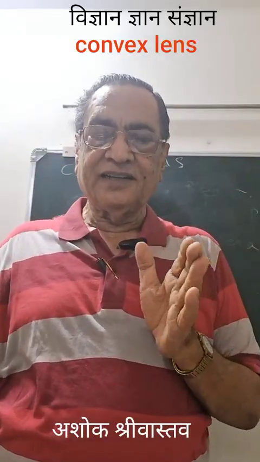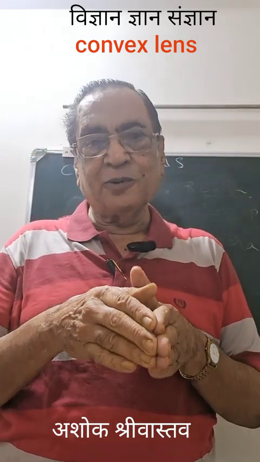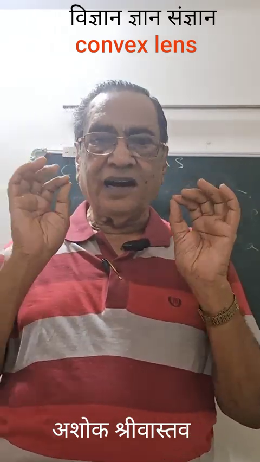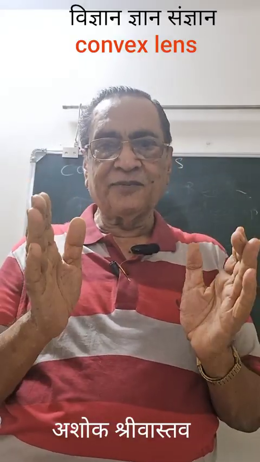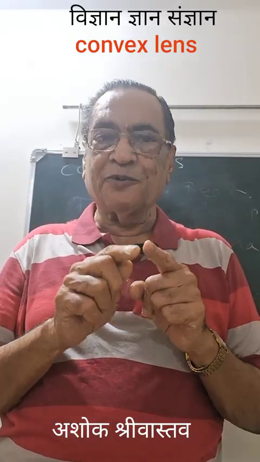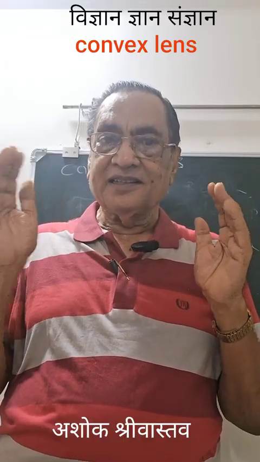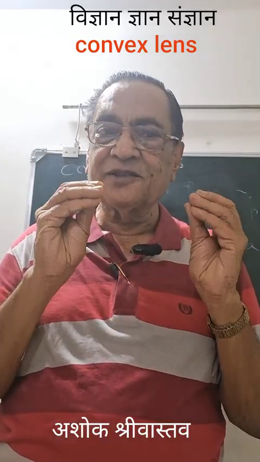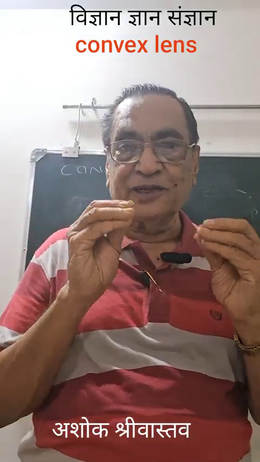When you are focusing an infinite image to a focal point, there you are converging all the energy from that light to a specific point. And this is the point where the sunlight, when you converge it, starts burning.